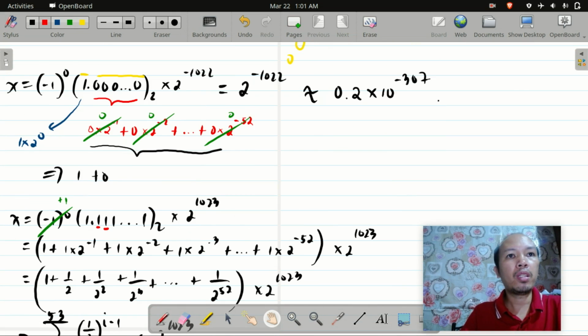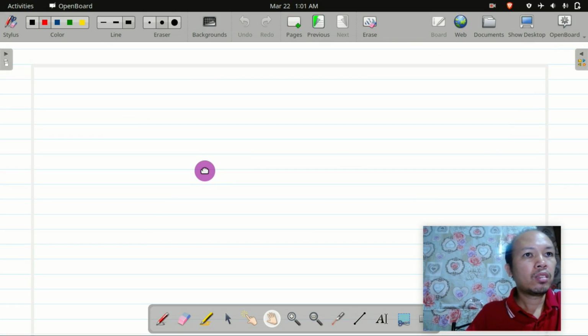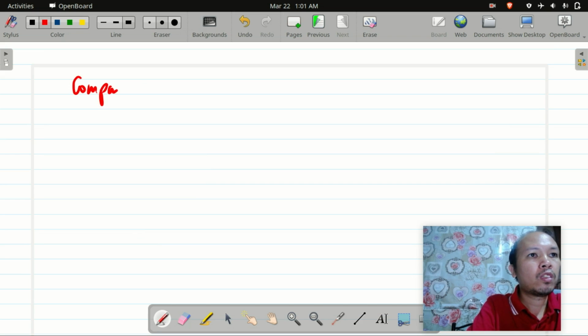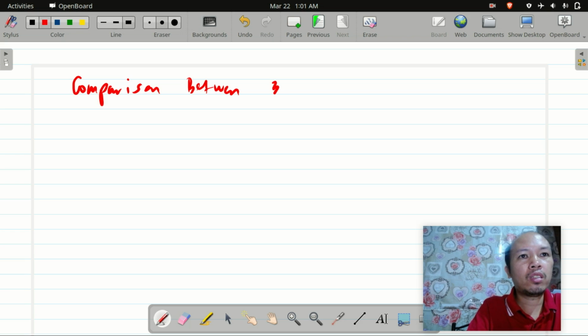This is the comparison between 32-bit and 64-bit floating point representation.